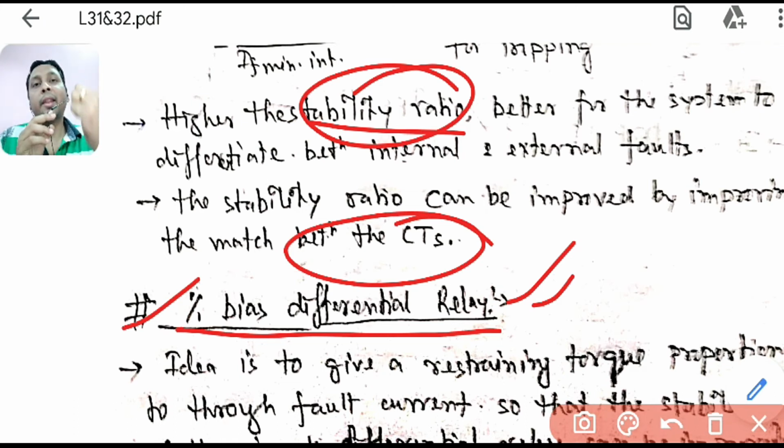So it will hold the relay from operating in case of a through fault current, in case of an external fault. Whenever there is an external fault, let's give a restraining torque and make it proportional to the external fault. As your external fault increases, this torque also increases, so it is holding it back more and more. If it is holding it back, the disc will not rotate, and the relay will not trip. So that is the idea.